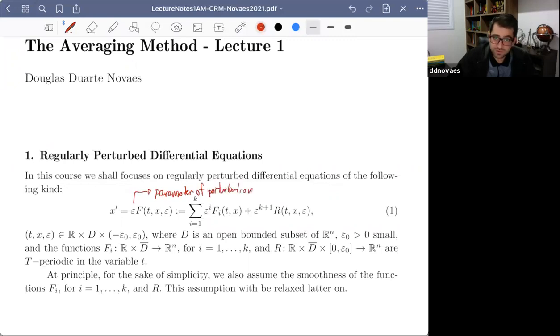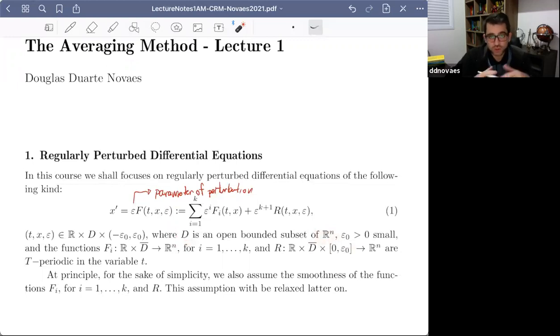Of course, this differential equation can have a lot of parameters, but we need a distinguished one, which will be the small parameter. The domain of the differential equation is given by R times D times (minus epsilon 0, epsilon 0), where D is an open bounded set of R^n, and epsilon is a positive parameter which is assumed to be small.